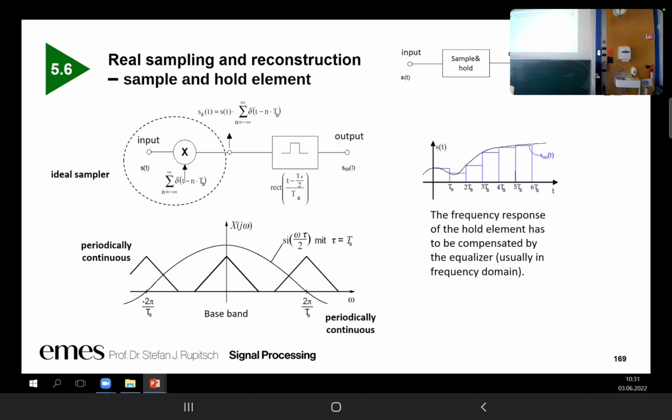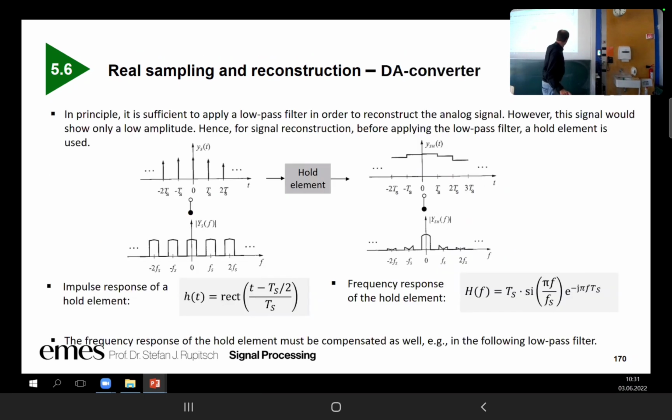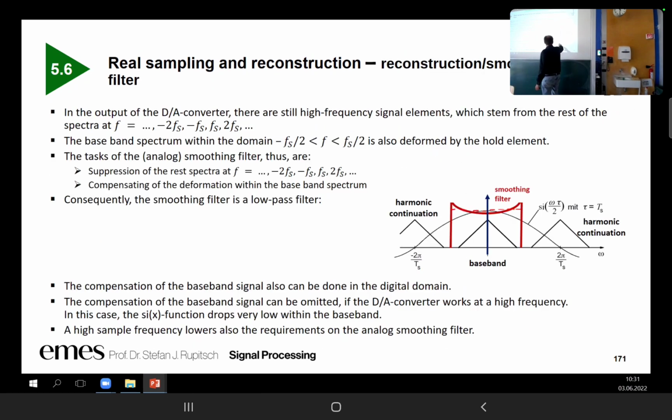By this low pass filter, the right one, we compensate this reduction of the sinc function. We increase the transfer behavior of our low pass filter for higher frequencies. If you take a look again at this red curve, here we increase the transfer behavior of our low pass filter.